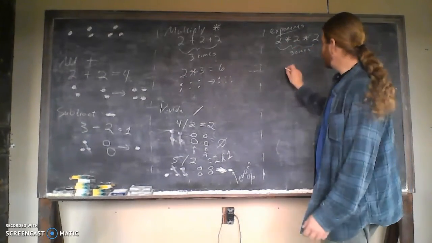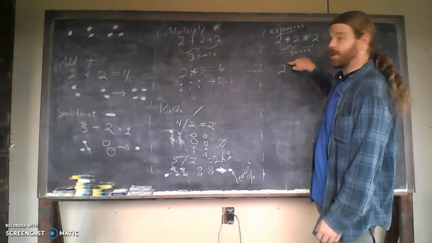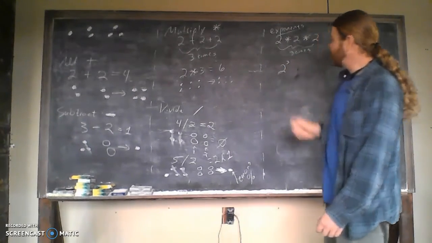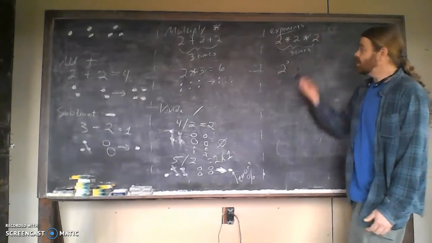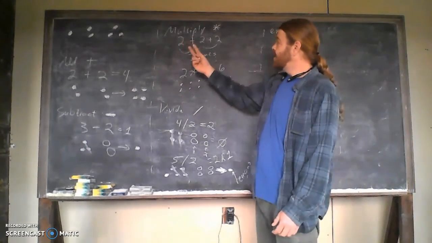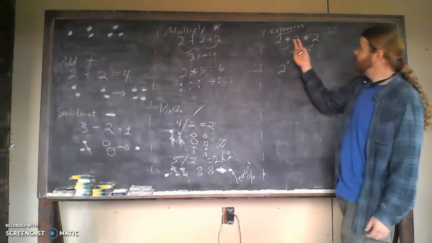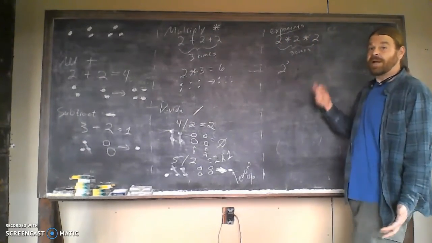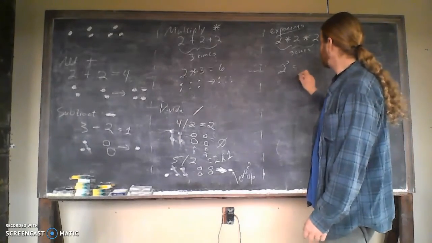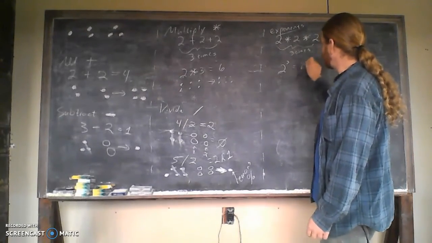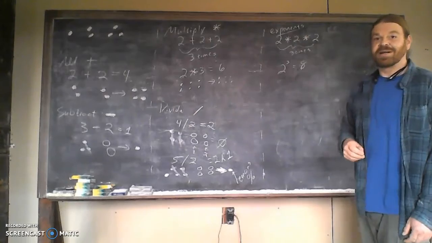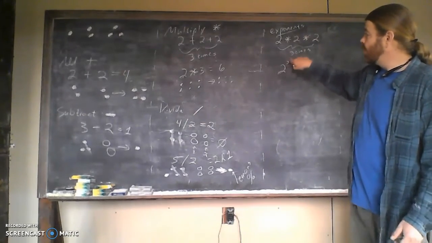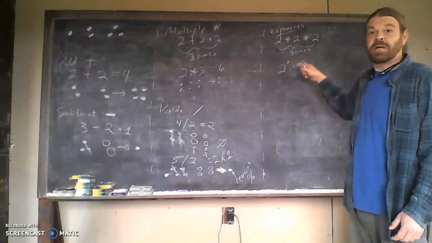On paper, we'd notate that with a little superscript number up here: 2 multiplied by itself 3 times, which is repeated multiplication, right? 2 times 2 times 2 is 2, 4, 8. Starting to get up to a lot of dots there. So that whole number represents how many times we're multiplying.